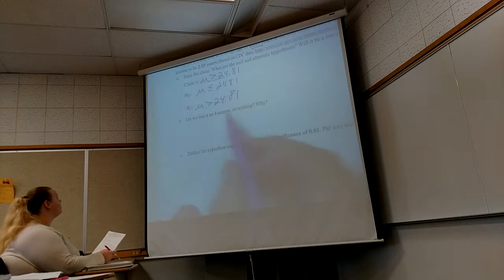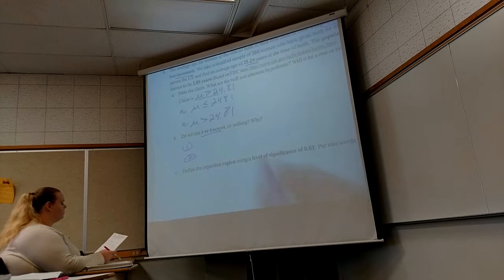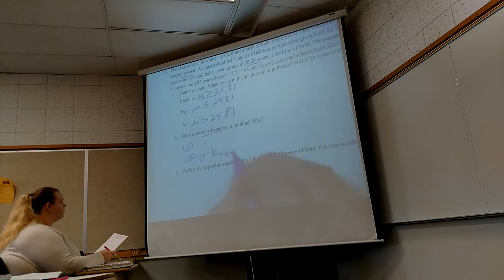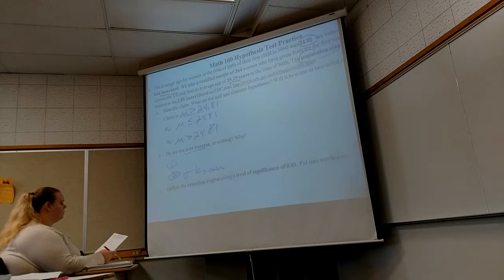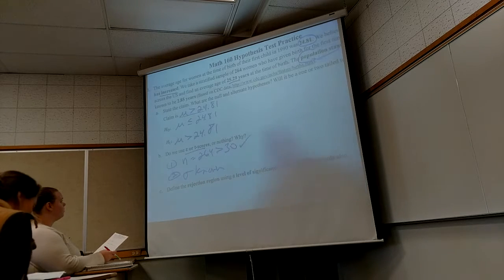Now in this case, for this problem, do I use Z or T? Two things. Sigma's known. It's a population one, right? And the sample size is greater than 30, check.